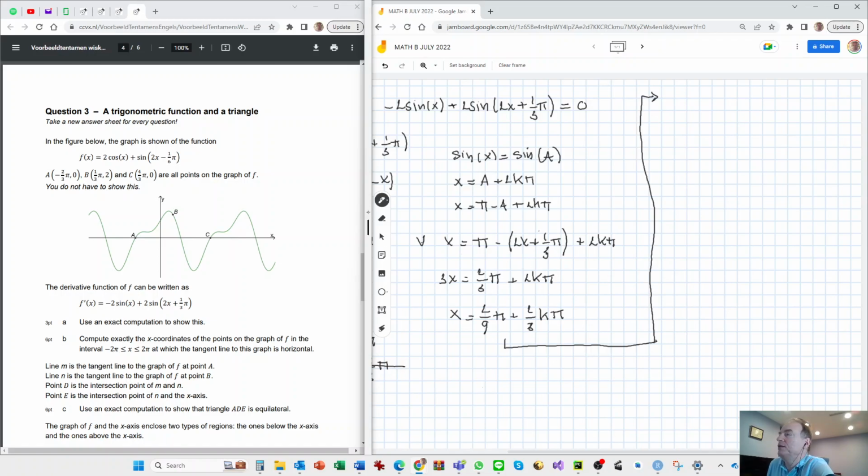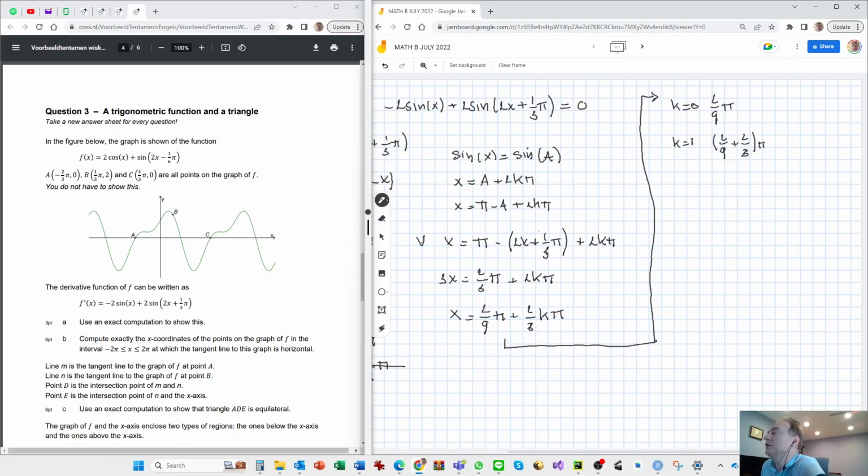Okay, k is 0. We get 2 over 9 pi. K is 1. We get 2 over 9 plus 2/3 pi.